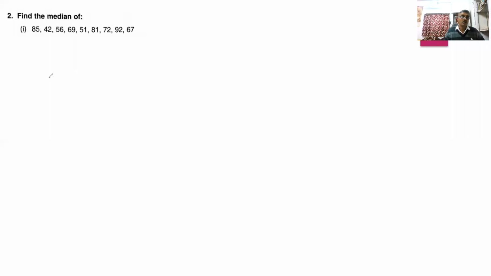Find the median. Now take a next question. Find the median of 85, 42, 56, 69, 51, 81, 72, 92, and 67. Right now, given.